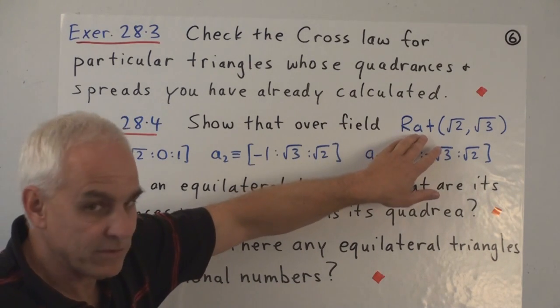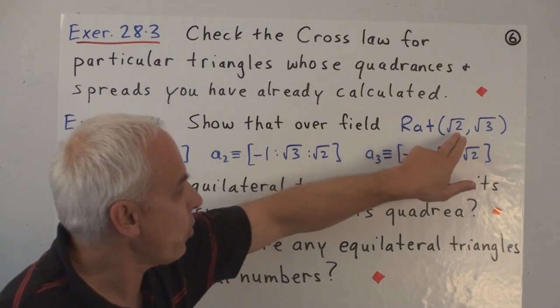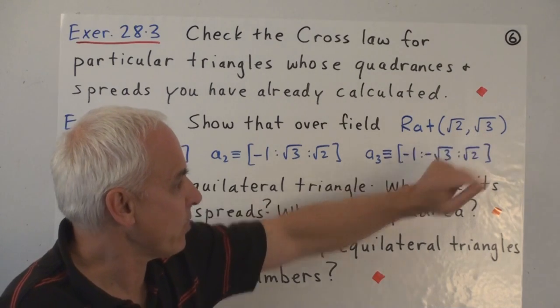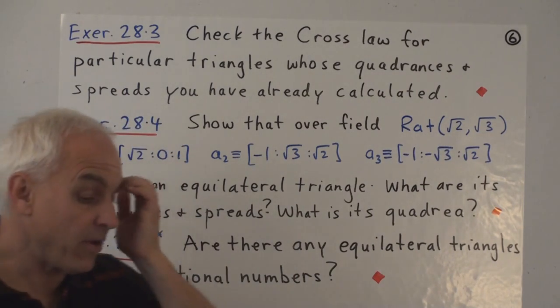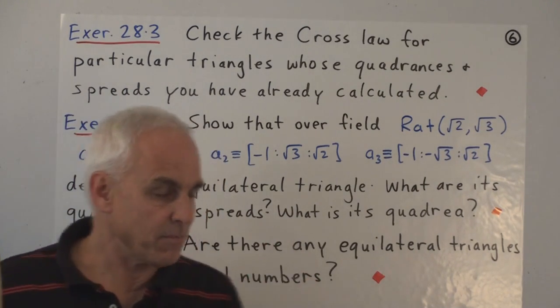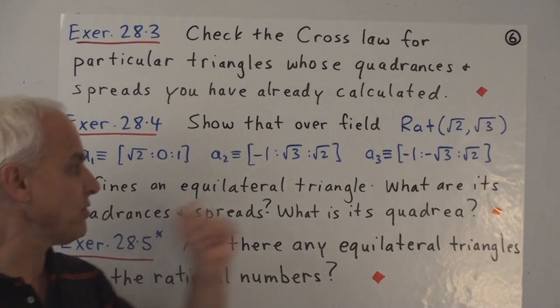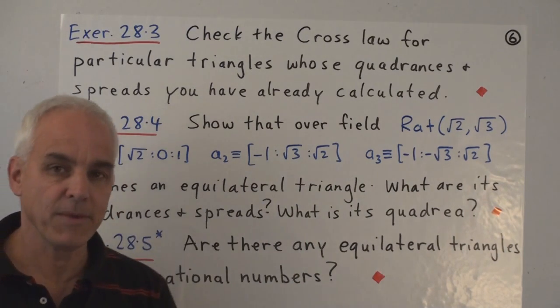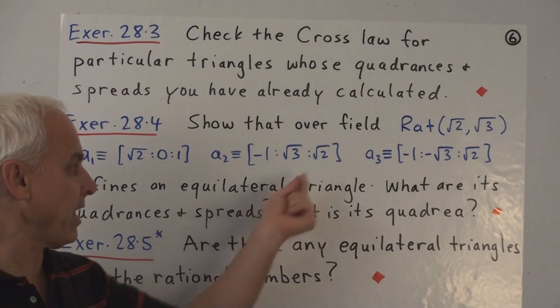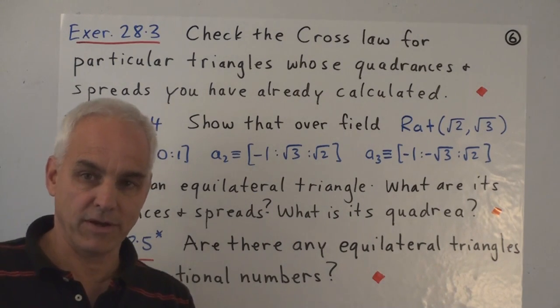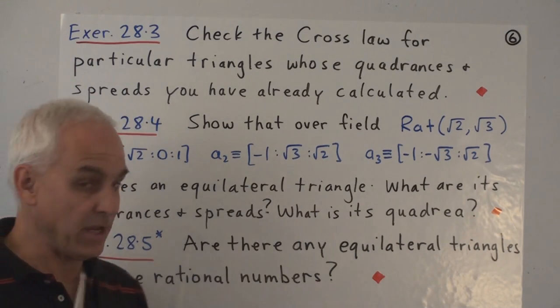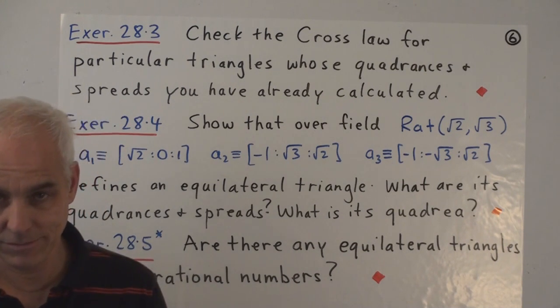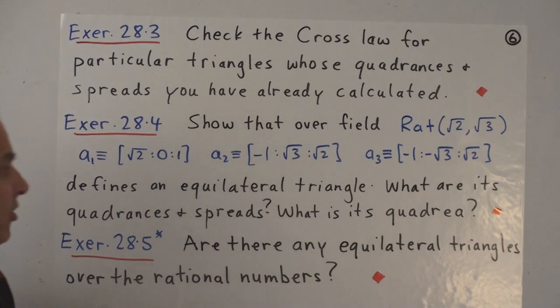So a field, the rational numbers, adjoined square root of 2 and square root of 3. And what you should think about is simply this, perhaps a little bit naively, that you've got 2 symbols, root 2 and root 3, and they have the property that whenever you take root 2 and you square it, you get 2. And if you take root 3 and you square it, you get 3. That's about all you really need to know.